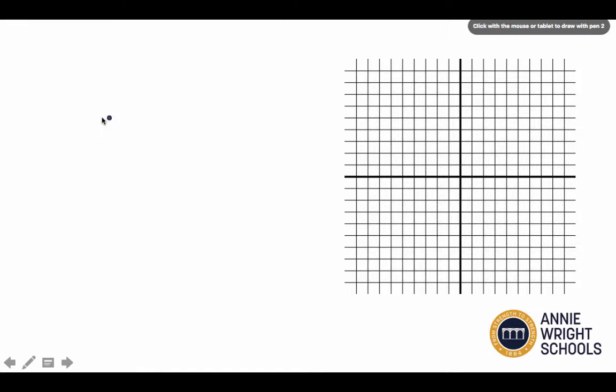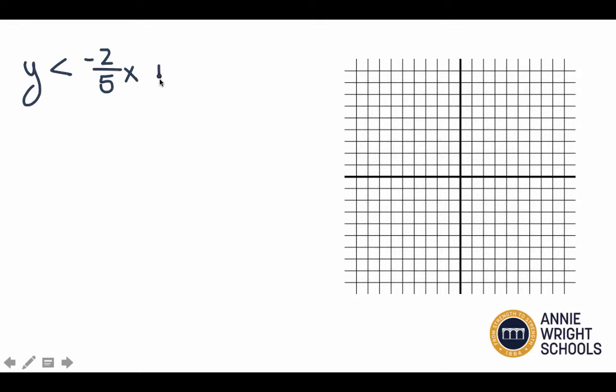Now, what do we have here? Let's do another example. This time, y is less than or equal to, not 3, let's make it 5, -2/5 x plus 5. Graph that linear inequality.